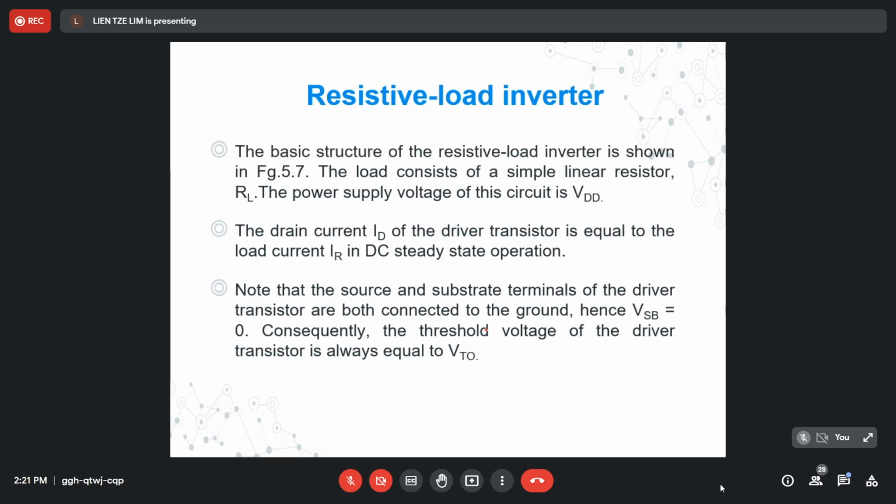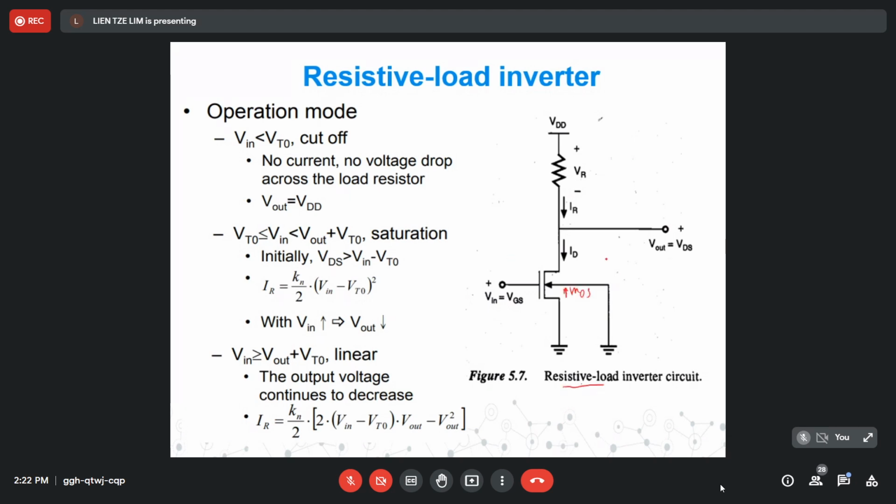If you refer to figure 5.7, this is the load current and this is the drain current. And this is the substrate to source terminal, VSB equals 0, because this terminal is connected to ground.